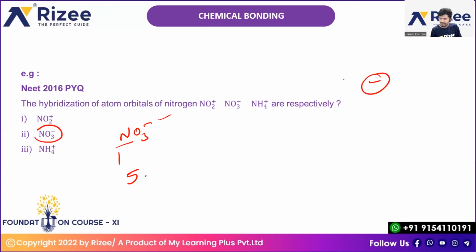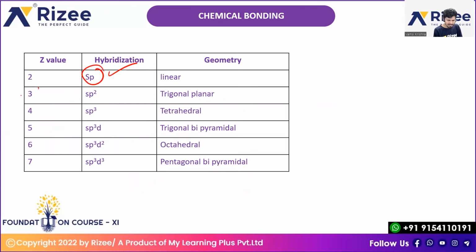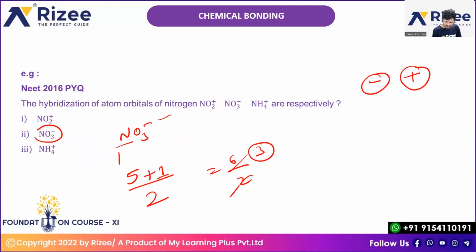Minus 1 is present, so we have to do plus 1 by 2. 5 plus 1 means 6 by 2, 2 threes are 6. Here we got Z value 3. That means it has sp2 hybridization. So NO2 positive has sp hybridization, and NO3 negative has sp2 hybridization.